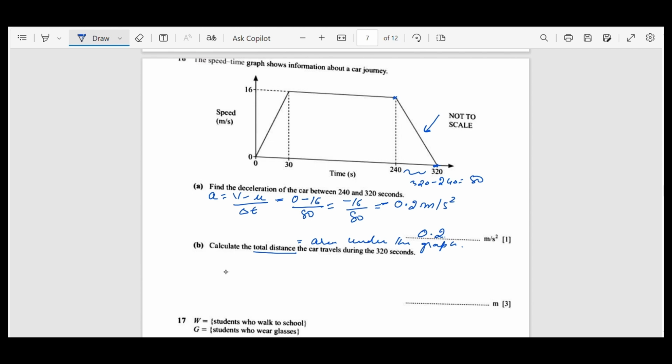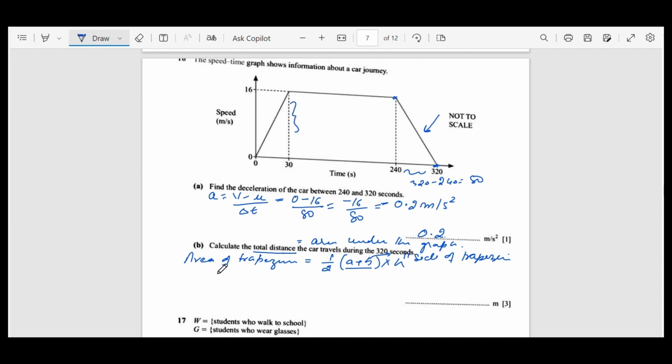So area of trapezium will be equal to 1 by 2 bracket a plus b into height. Here a plus b will be the parallel sides of the trapezium, right? And height will be this one.